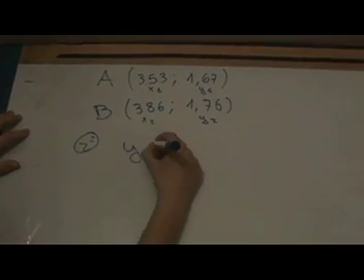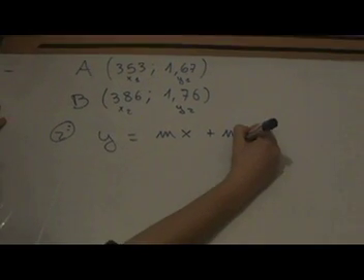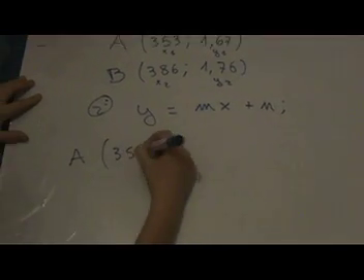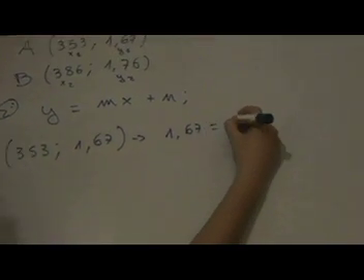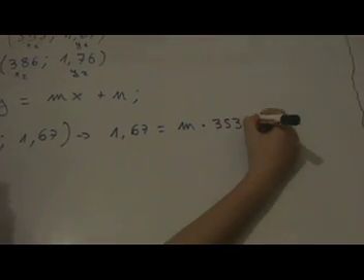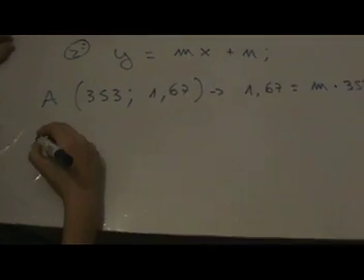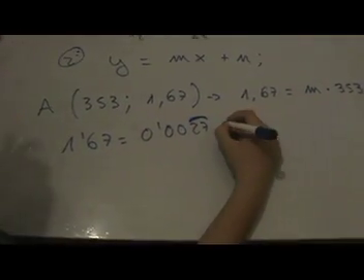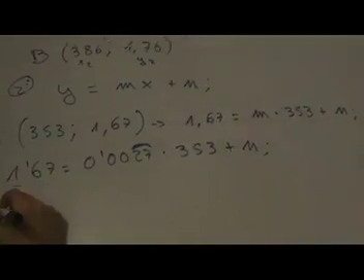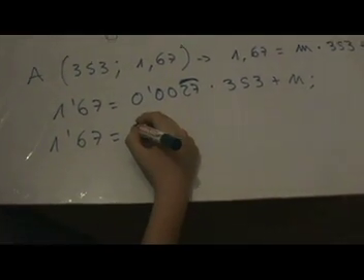On the second step, we put the formula, and if we remember, the formula is y equals mx plus n. So we substitute one of the points which the line crosses to get n. Now solve the formula for n.